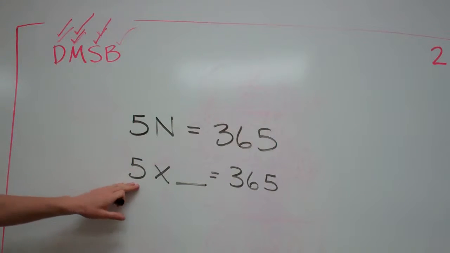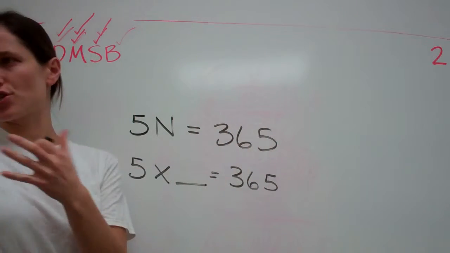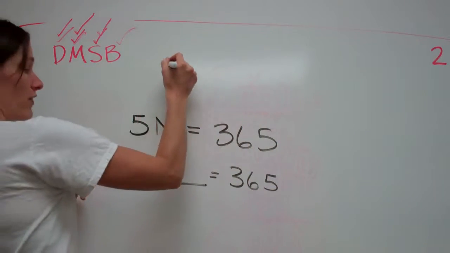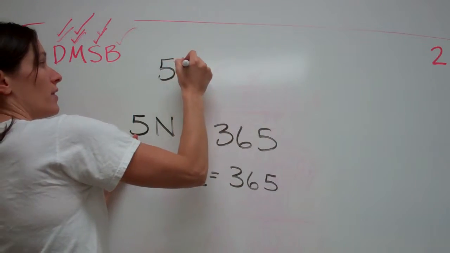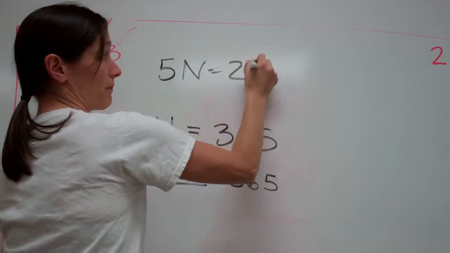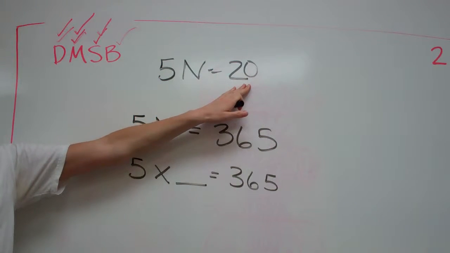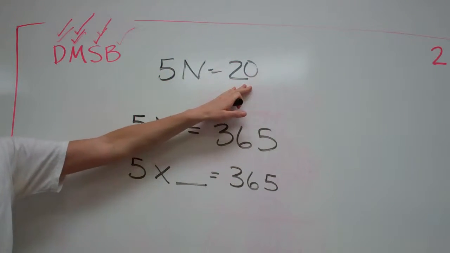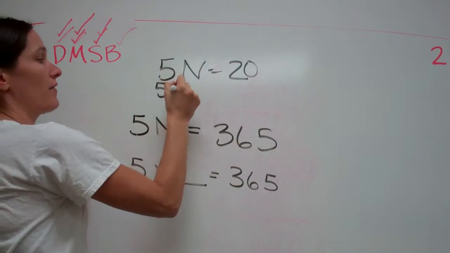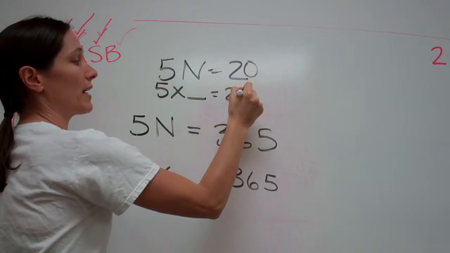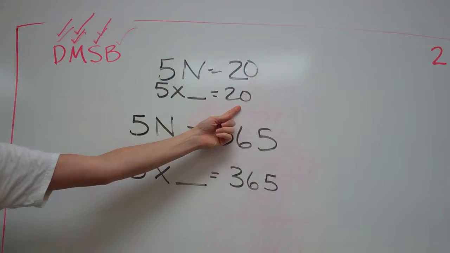Yes, okay. So what I want y'all to see is, let me change the numbers up so you can kind of see. What if I'd said 5 times what equals 20? Now stay with me. I used a smaller number up here to help you know what to do. So watch this. I would go 5 times what equals 20. How would I get this one?